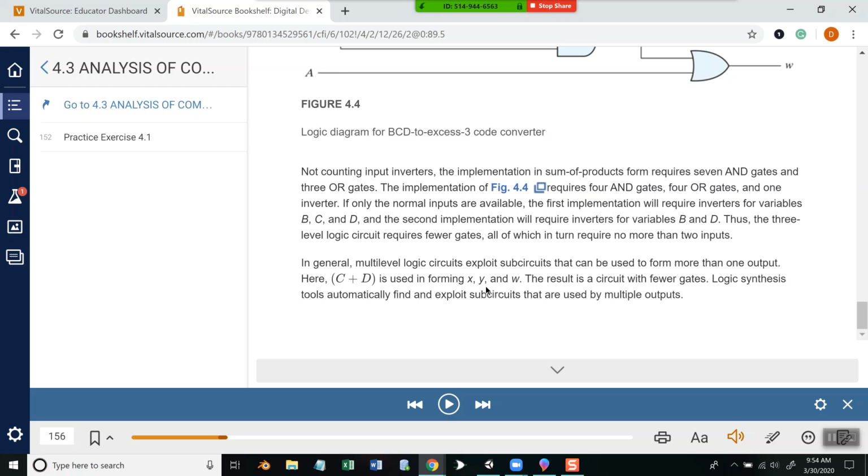General multi-level logic circuits exploit subcircuits that can be used to form more than one output. Hence, C plus D is used in forming X, Y, and W. The result is a circuit with fewer gates. Logic synthesis tools automatically find and exploit subcircuits that are used by multiple outputs. So this looks like even if you're going into design, perhaps electrical engineering or computer engineering, they've got tools that'll do that for you.